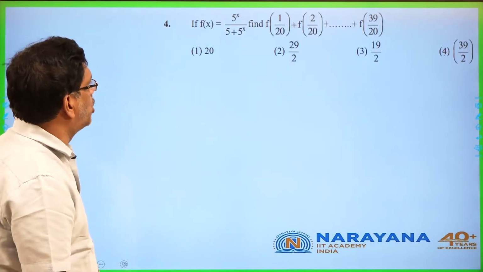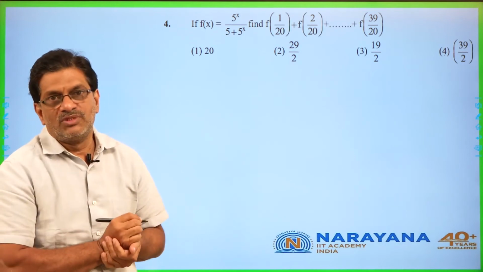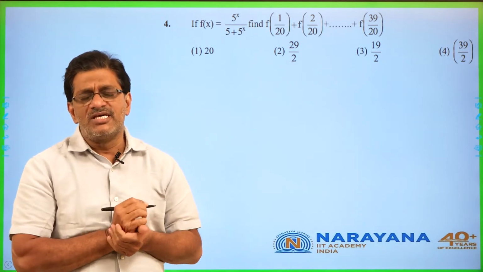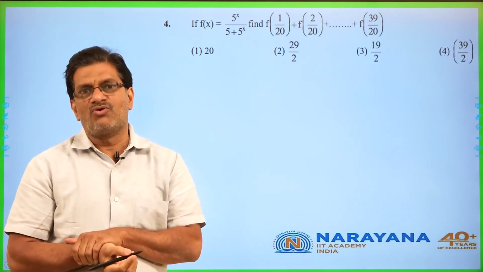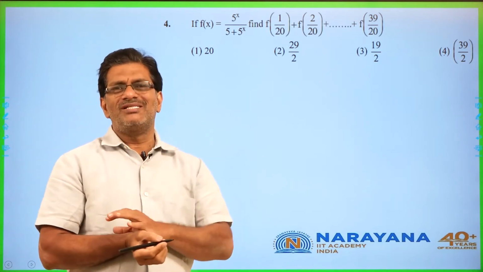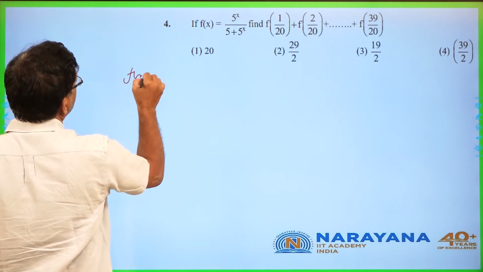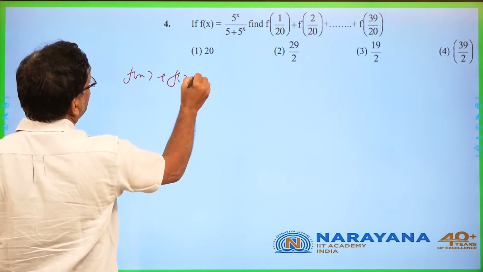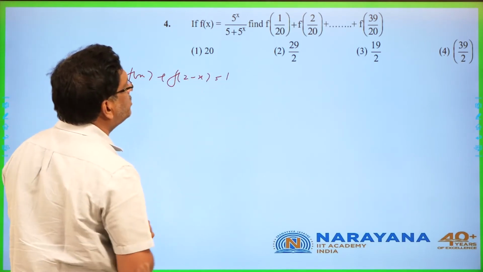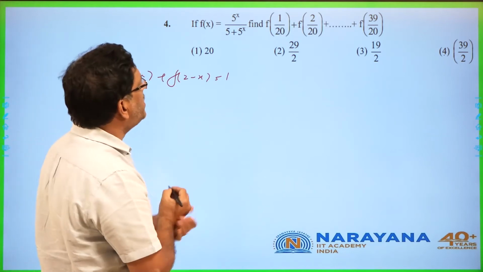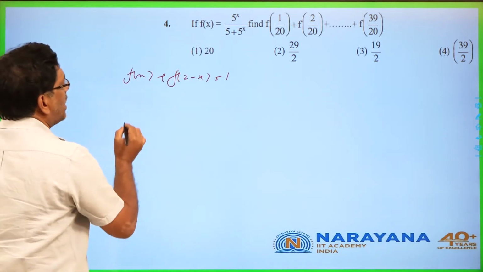Question number 4. Even this question also, the beauty of this question is that so far 2-3 times they have given it, just by changing the numbers again and again. You see, f of x plus f of 2 minus x is equal to 1. So if you clearly observe this one, it is like that.